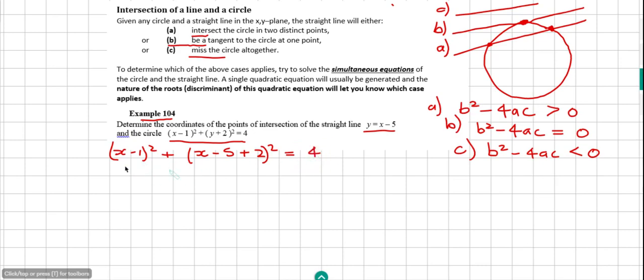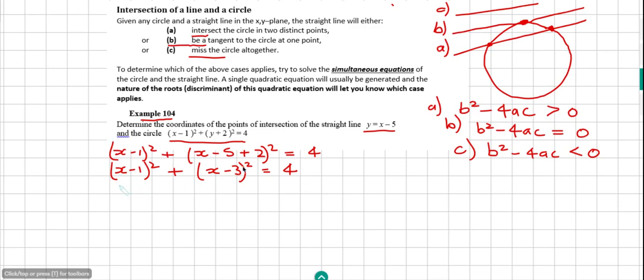So if we tidy that up a bit, so I'm just going to simplify the second bracket. We're going to get (x minus 3) all squared equals 4. And so what I'm going to need to do is multiply out these brackets and create a quadratic equation in the standard format.